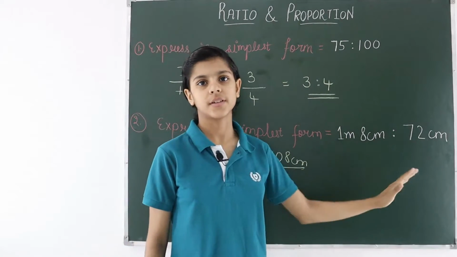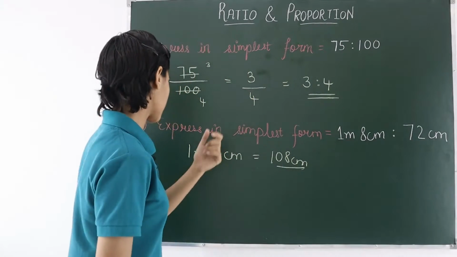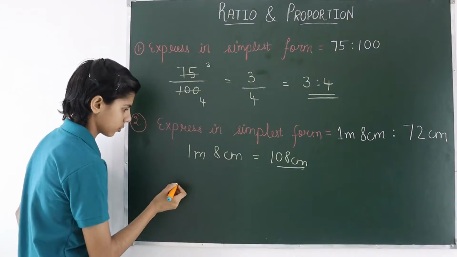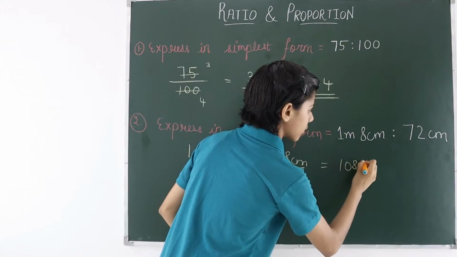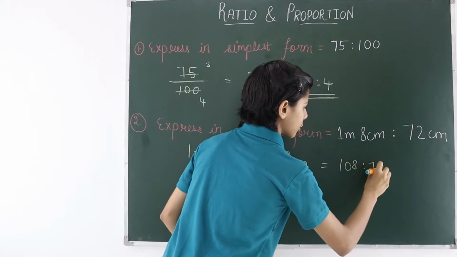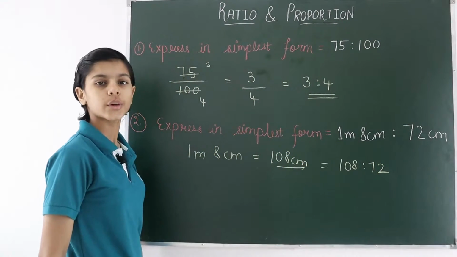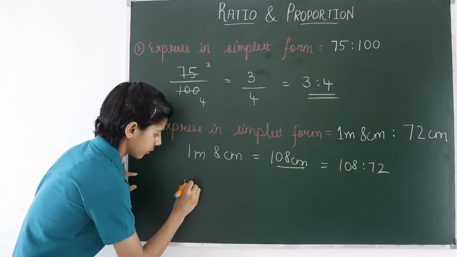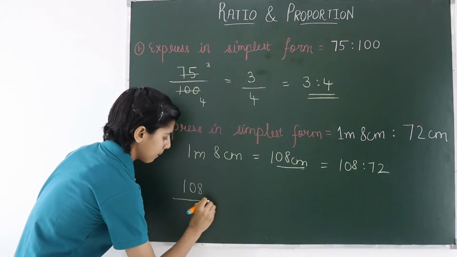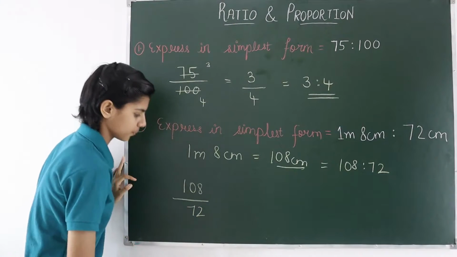Now we can compare these quantities and convert into simplest form. So it will be 108 ratio 72. Now we will write it into its fraction form and then we will convert. So 108 by 72.